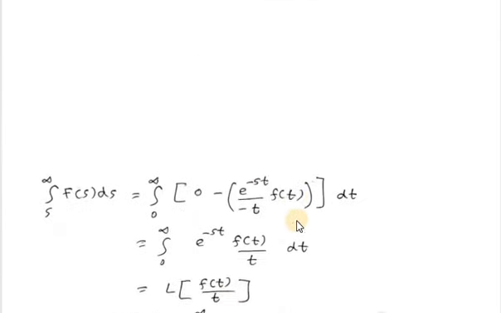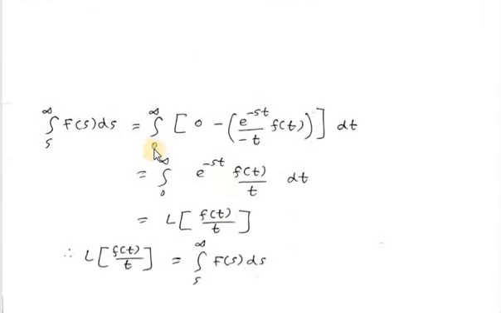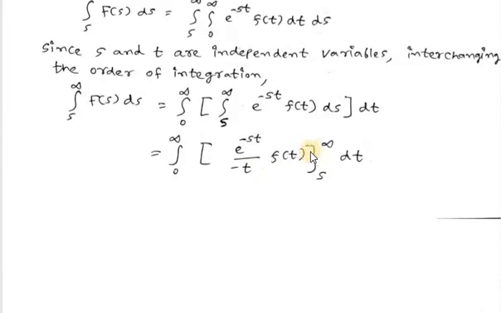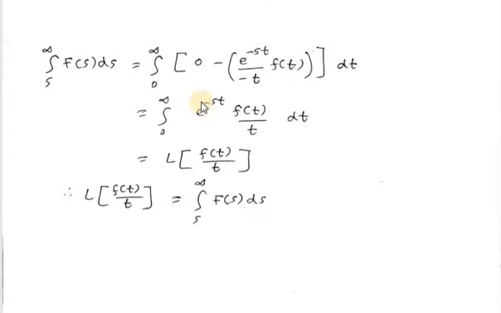Now this integration sign from 0 to infinity will be as it is. Now you have to put the upper limit, so it will become e raised to minus infinity, and e raised to minus infinity multiplied by any finite value is 0.